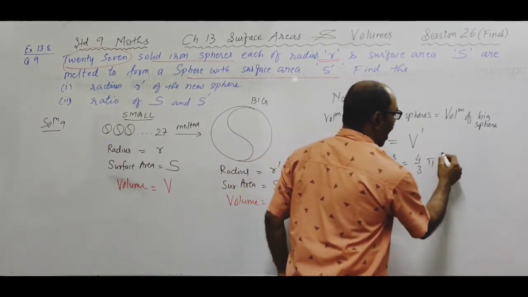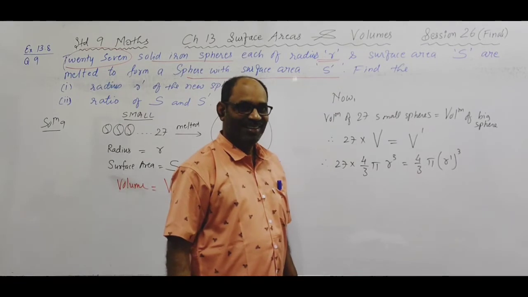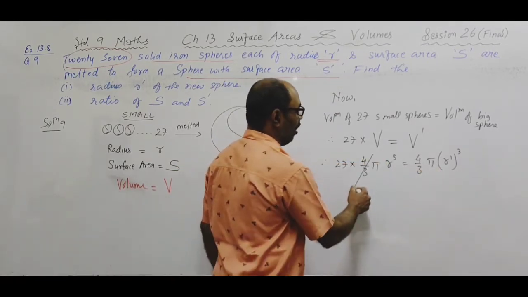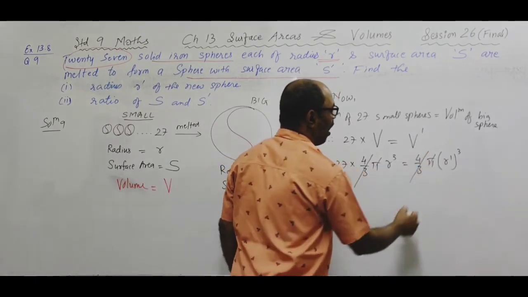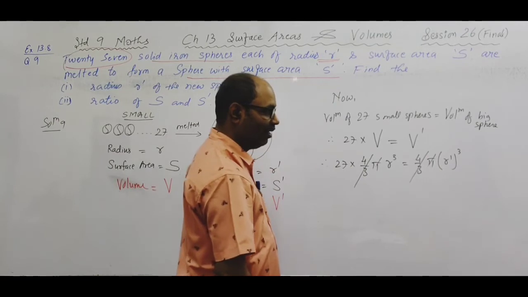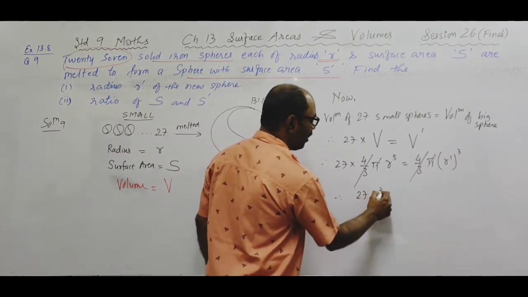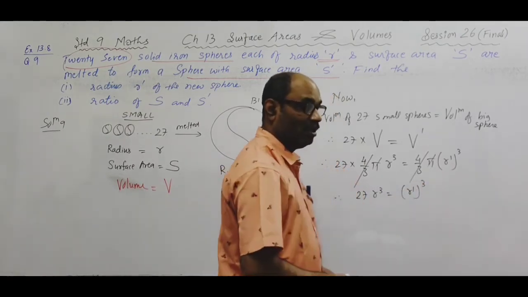So I'm putting r dash whole cube. The 4/3 cancels, pi cancels, right? Therefore 27 r cube is equal to r dash whole cube.